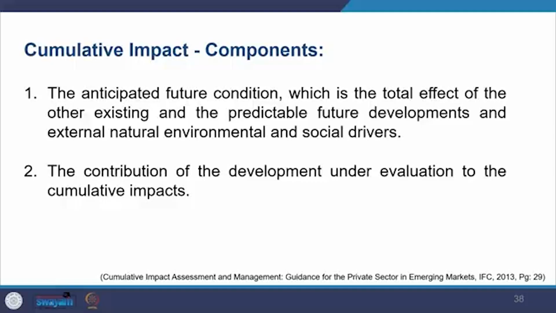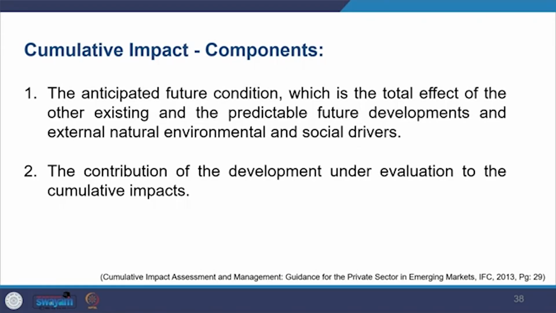Further, along similar lines, IFC tells us there are two components to cumulative impact assessment. One is about anticipated future conditions, what's really going to happen, which is the total effect of the other existing developments, what is there and what is going to happen, and also the external natural environment and the social drivers, just what you saw in the diagram. That's the first component of cumulative impact assessment.